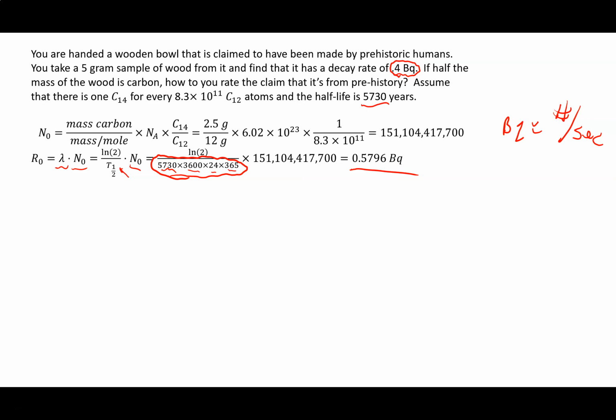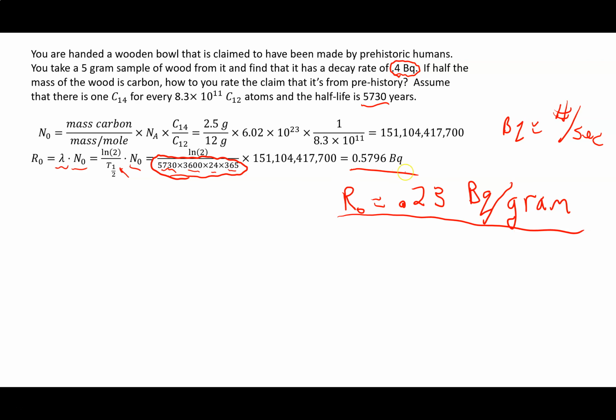One quick thing to note is that your book says R naught equals 0.23 becquerels per gram. I could have started the problem just by saying that.